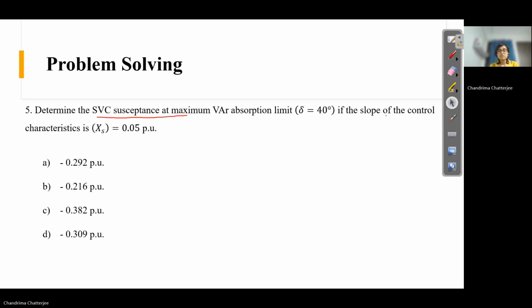Now it is asked to calculate the susceptance when the slope of the control characteristic is 0.05 per unit. That means there is a 5% slope, positive slope. In that case, what will be the susceptance?